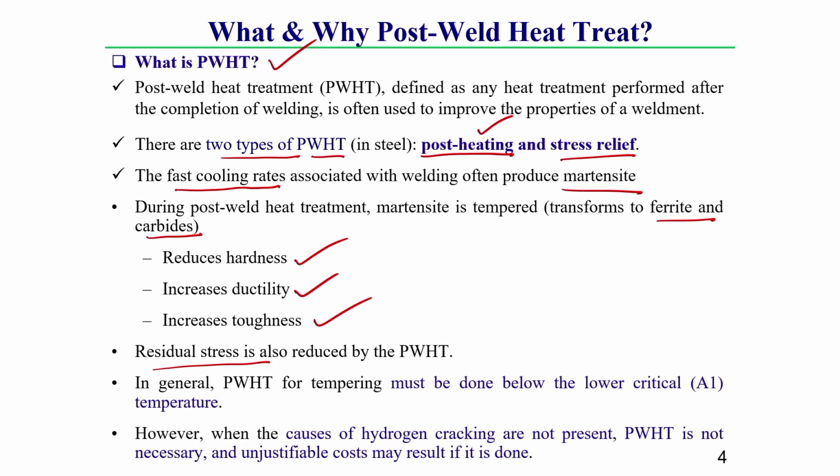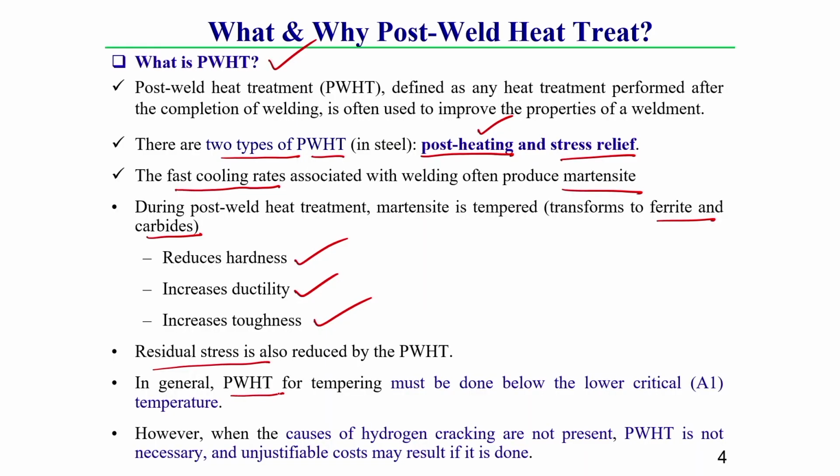So post weld heat treatment is mainly used to reduce hardness, and increase the ductility as well as the toughness of the welded specimens. Because of this effect, the chances of HIC, hydrogen induced cracking, are reduced drastically.